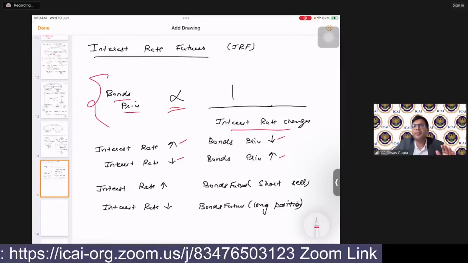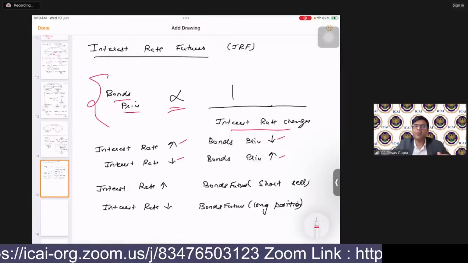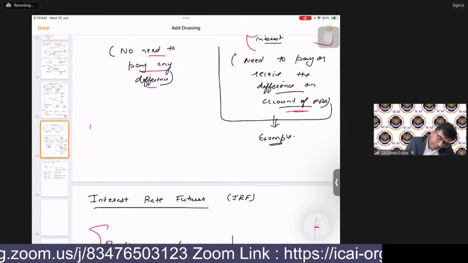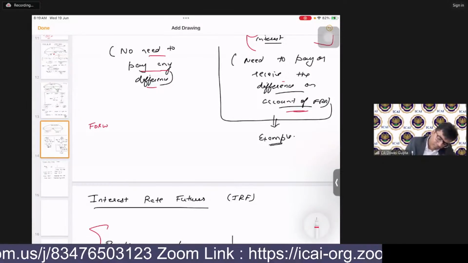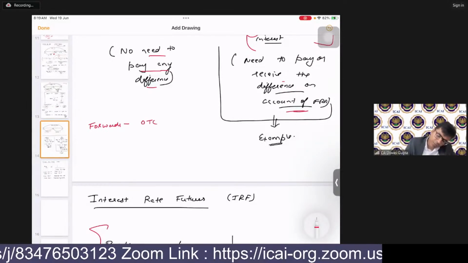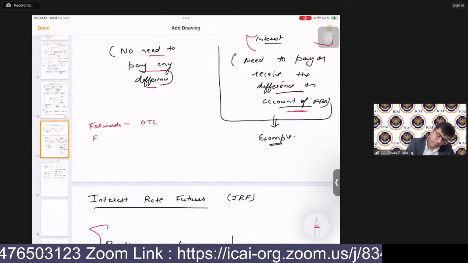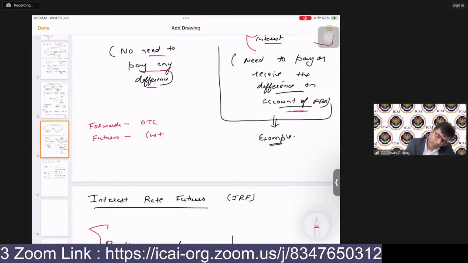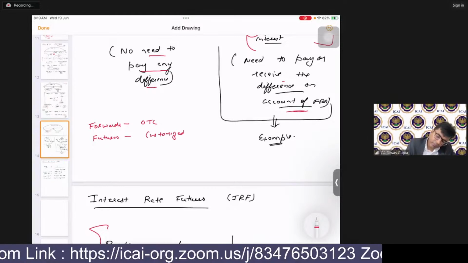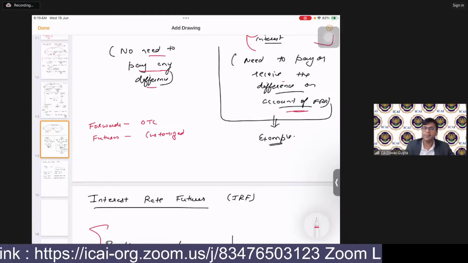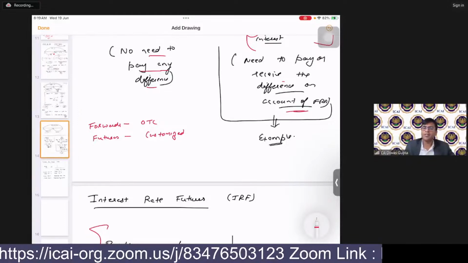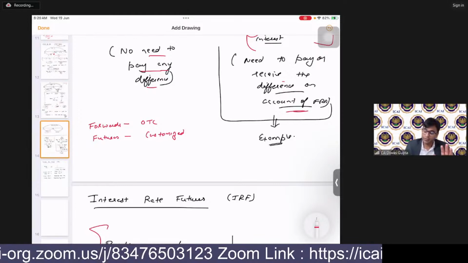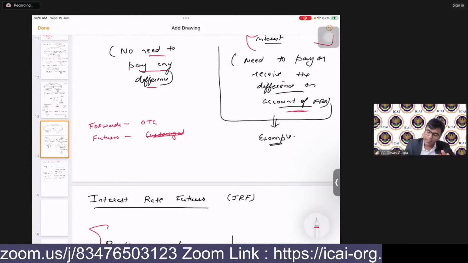Before that, from our derivatives knowledge, we understand that forwards are OTC products and futures are customized ones. Correct? Forwards are OTC products and futures are customized ones. Sorry, wait. Futures are standardized ones.